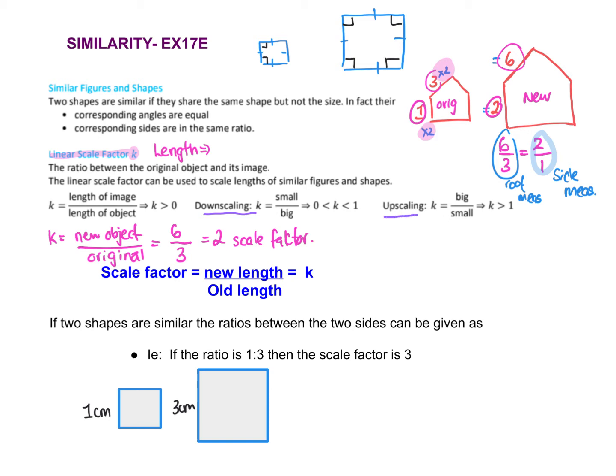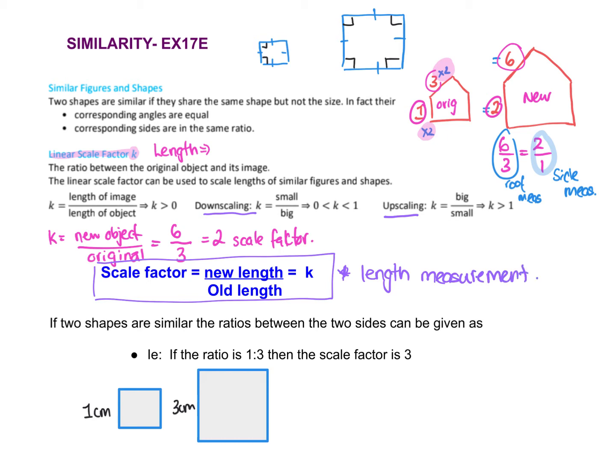So this is going to be our formula to find the scale factor. And remember, this is a length measurement. So when we talk about the scale factor, it's the length measurement.